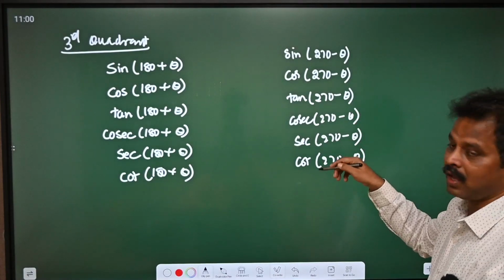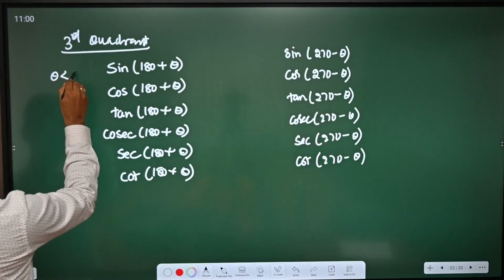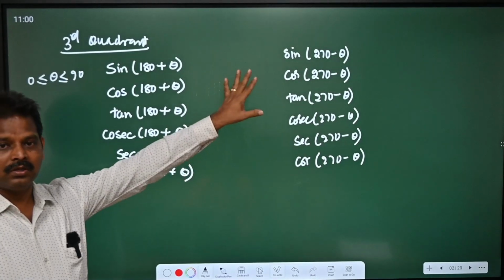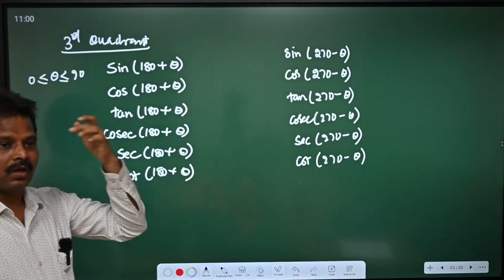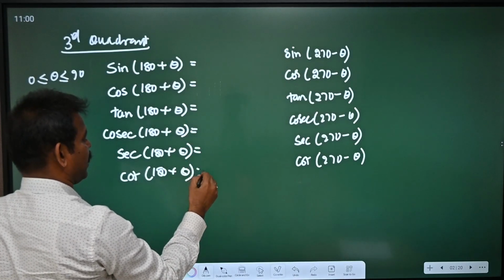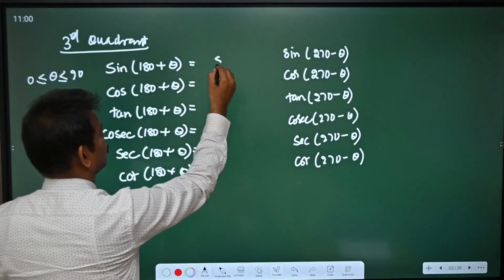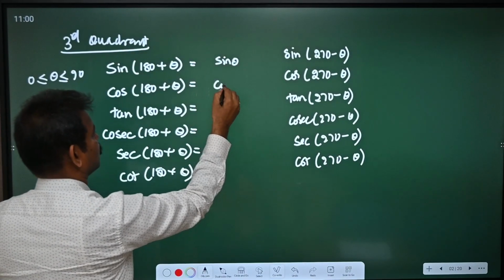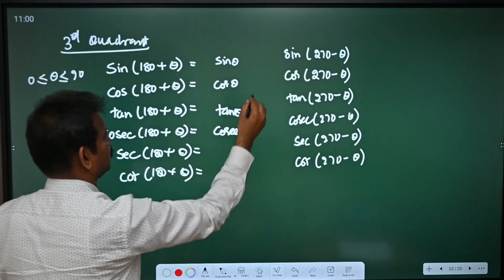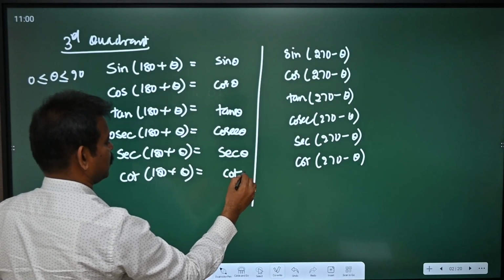So these all lie in the third quadrant only, and the condition is theta lies between 0 and 90. Then only these ratios will come into the third quadrant. As we said earlier, whenever we are subtracting an angle or adding an angle for 180, the ratio won't change. Sin 180 plus theta will become sin theta only. This will become cos theta, tan theta, cosecant theta, secant theta, cot theta.